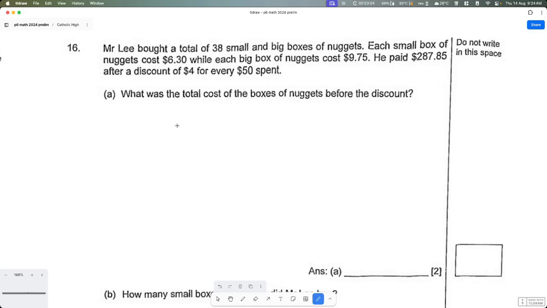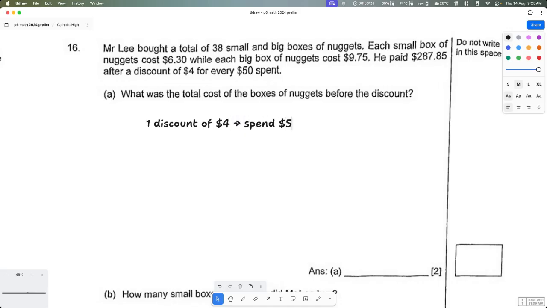Okay, so in a sense, we know that he paid $287.85. So one discount of $4 means you spent $50. So that also means you paid 50 minus 4, which is 46.